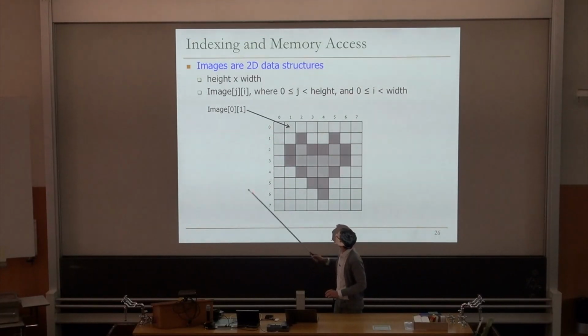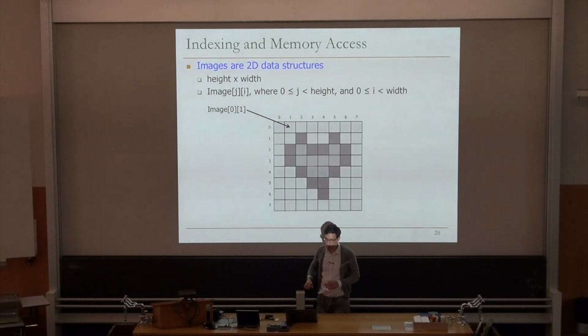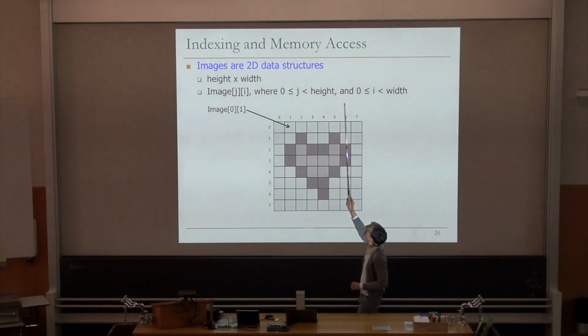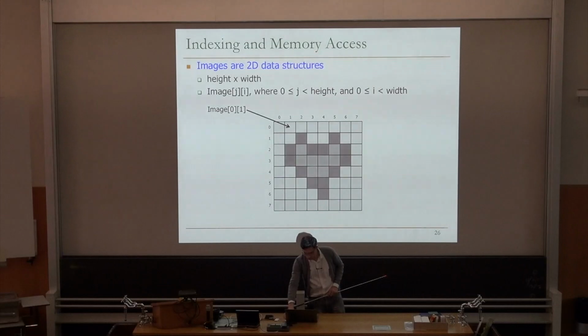In this case, J is the row and I is the column, so J is something between 0 and the height of the image, and I is something between 0 and the width of the image. So that pixel could be image 0, 1, and this pixel is image 1, 2.